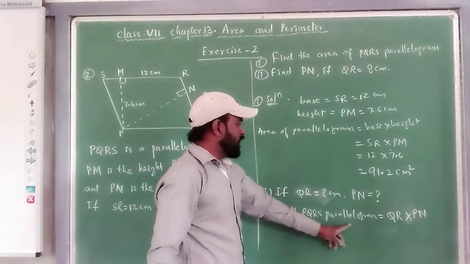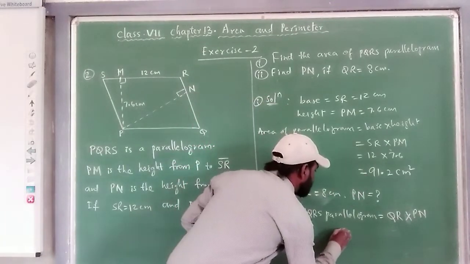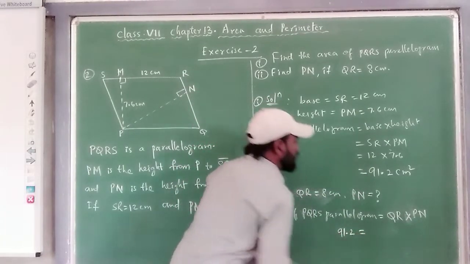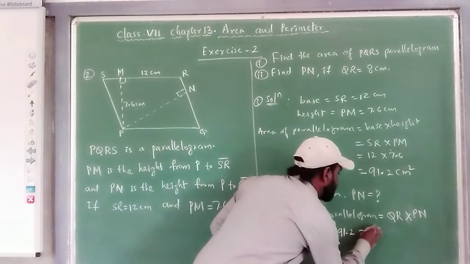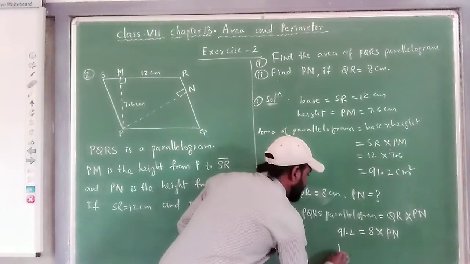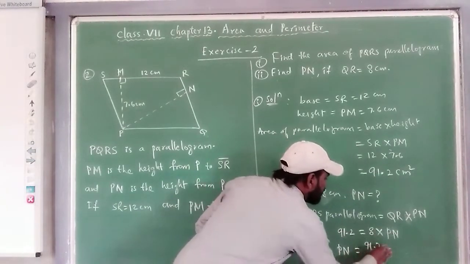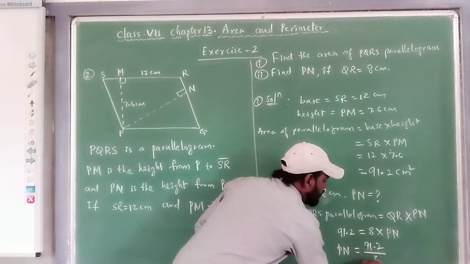But area of PQRS parallelogram we already got, that is 91.2 centimeter square. So 91.2 is equal to QR is 8 centimeters and PN we are going to find. To find PN, keep PN alone, 91.2 divided by 8, so 8 comes beside it to become the denominator.